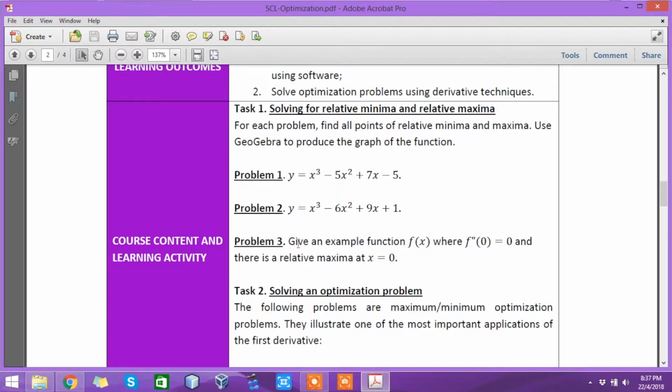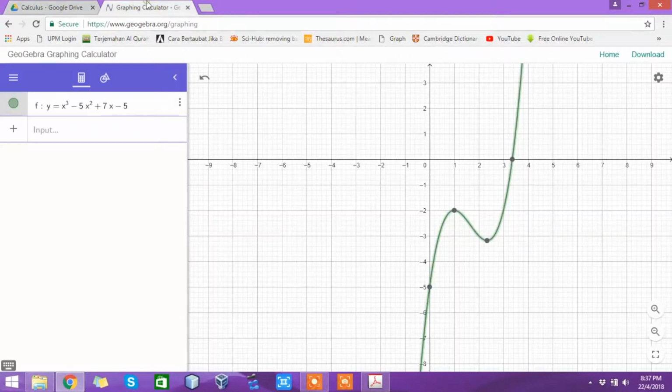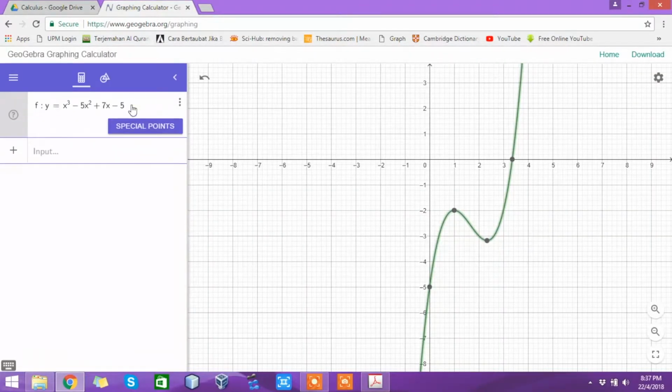Okay, for problem number 3, give an example function f(x) where f double prime of 0 equals 0 and there is a relative maxima at x equal to 0. So here we can create an example to find the relative maxima equal to 0.